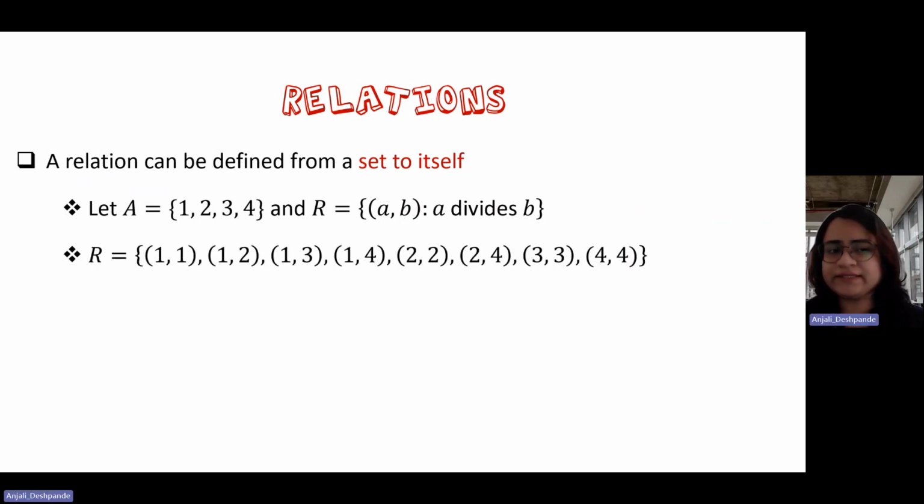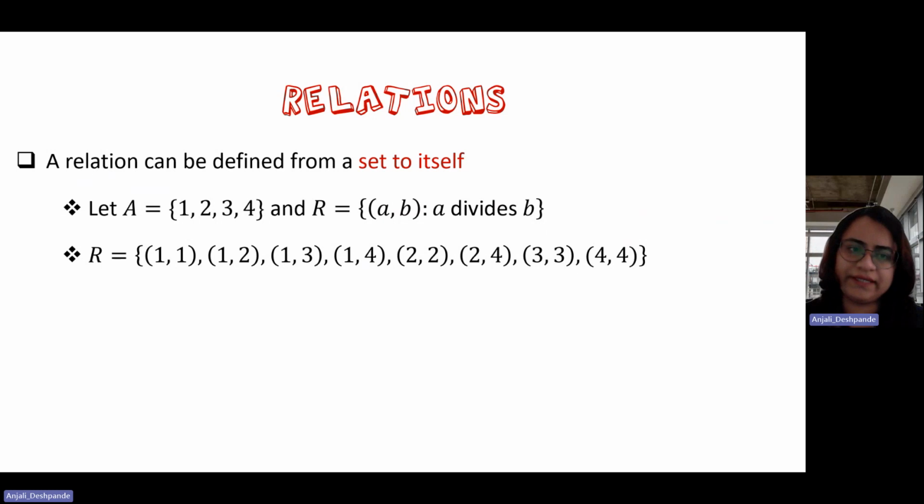As you can see, the relation R has all these tuples. Which tuples should be included in the relation? The tuples that satisfy the condition in which a divides b. That means the first number in the tuple should be able to completely divide the second element in the tuple.